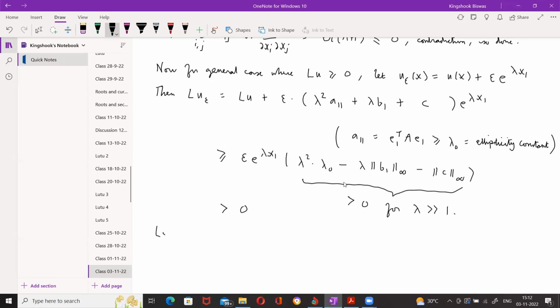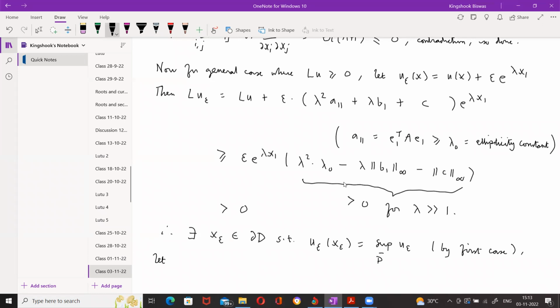So now let X epsilon be in D closure. Therefore there exists X epsilon in boundary D by the first case such that U epsilon of X epsilon is equal to the sup of U epsilon over D closure, by case 1. Okay.